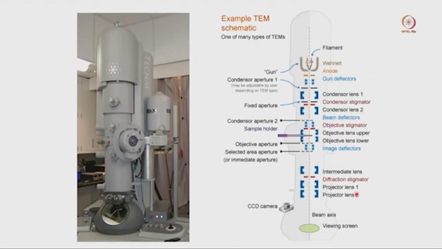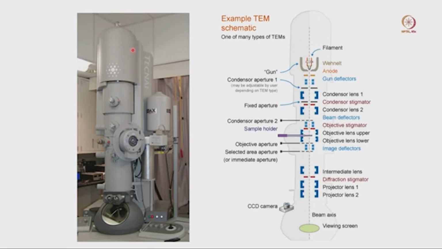Now we have to connect those components with our microscope, so it will be easier for us when we go to the microscope room; we will know which part we are talking about. So now you can see this is an electron microscope, a 200 kV microscope, Tecnai or FEI made, and this is the schematic diagram of this electron microscope.